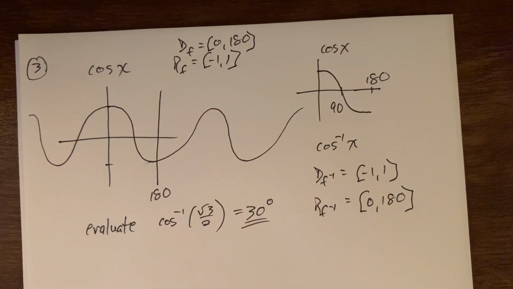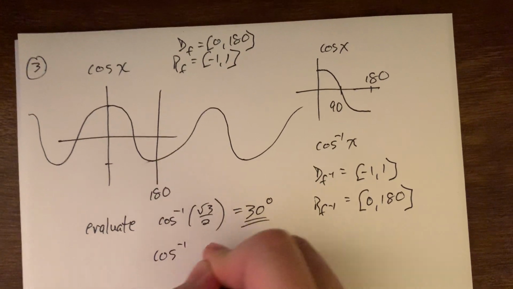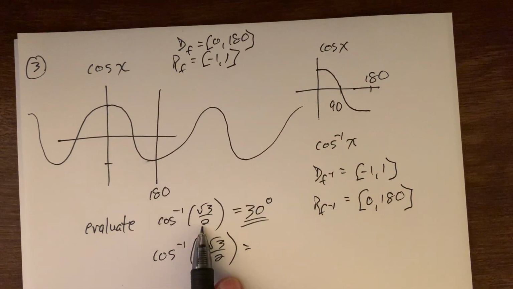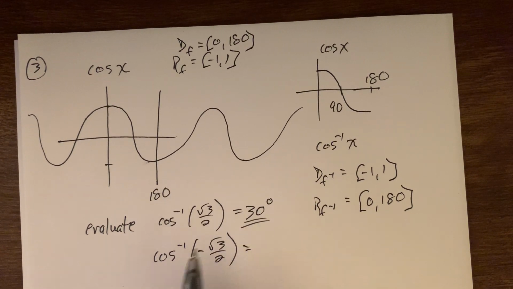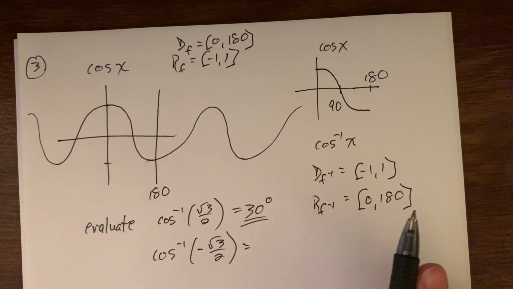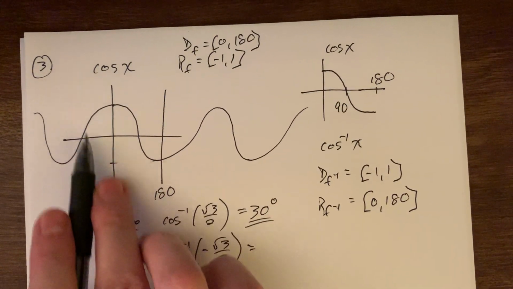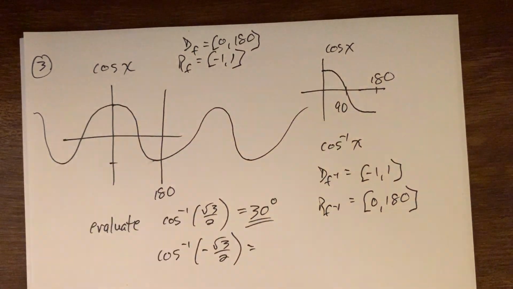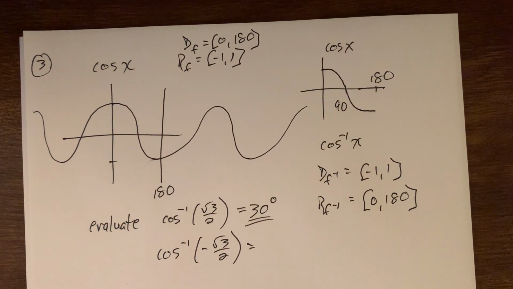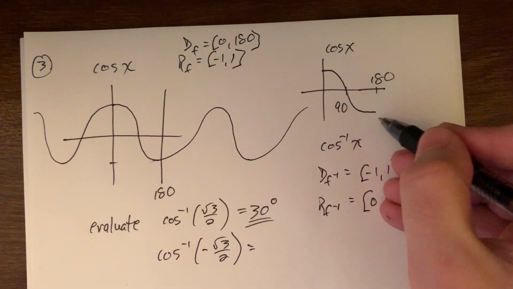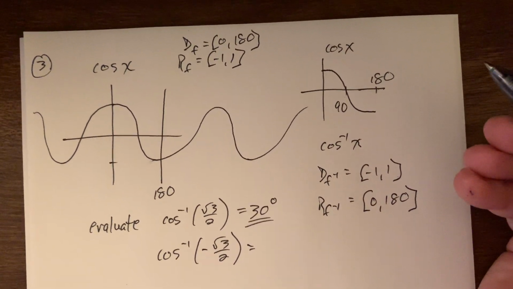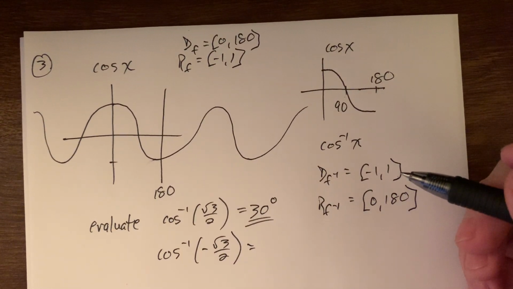But here's the annoying trouble spot. From the previous ones, if positive rad 3/2 went with positive 30 degrees, then negative rad 3/2 would go with negative 30, but that doesn't work with this restriction. Negative 30 is over here, and the value is still a positive rad 3/2. So now we need to stretch ourselves a little bit and realize the negative values up here are coming between 90 and 180. Realize this is all boiling down to ASTC, everybody.